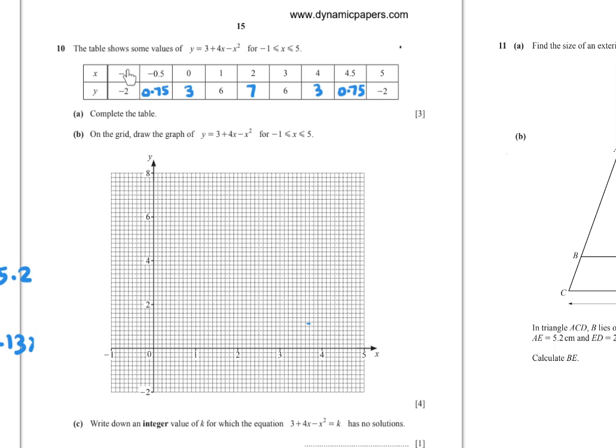The first point -1, -2, so -1, -2, this is the first point. The second point -0.5, 0.75, so this before 1, so this 0.5, so this 0.75. Zero 3, so 0, 3.